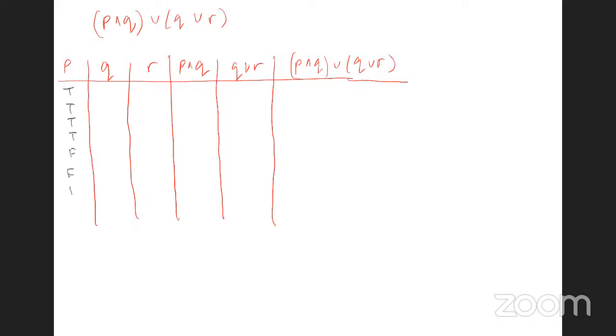False, false, false, false. False, false, true, true. And here's true, false, true, false. Right? And the P and Q.